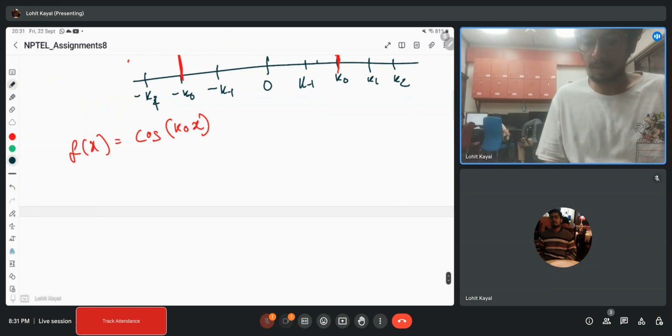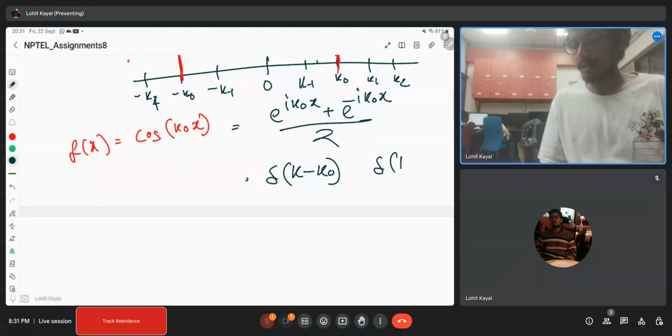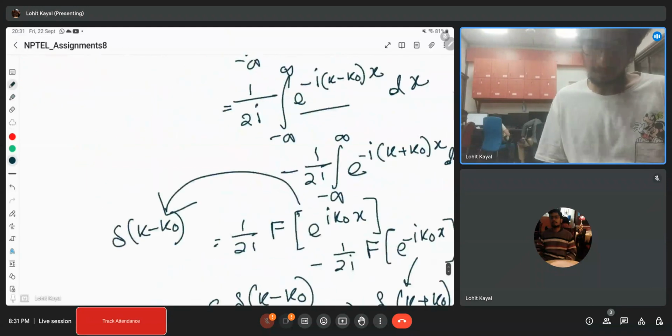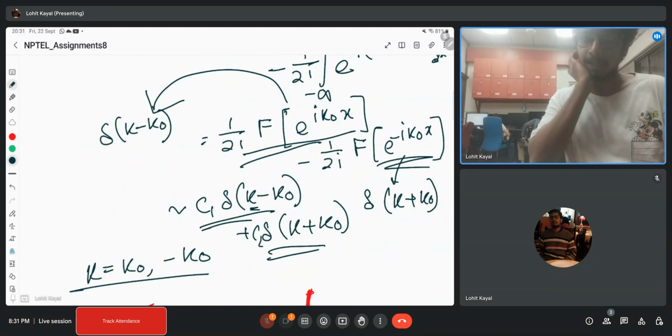The treatment will be exactly the same. We will write it as e to the power i k naught x plus e to the power minus i k naught x, by 2, and you do the Fourier transformation. You again find something like delta k minus k naught and delta k plus k naught. The only new thing to you is this definition that the Fourier transform of this function is a delta function.